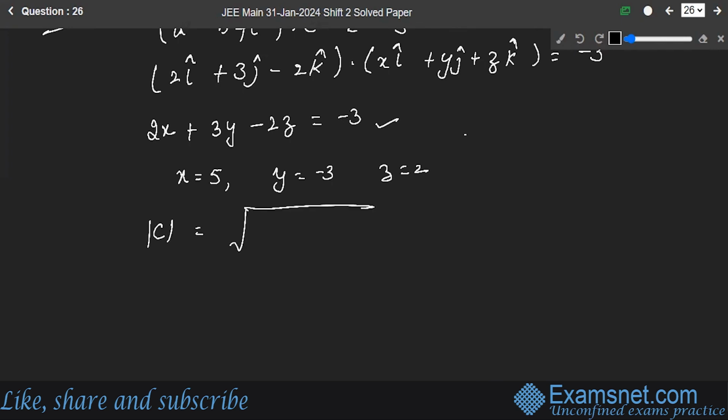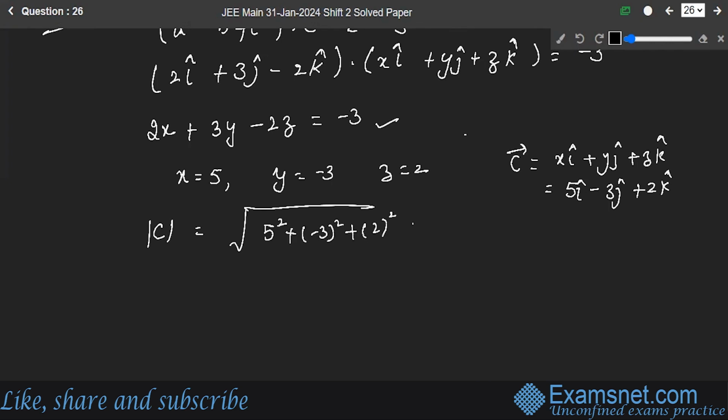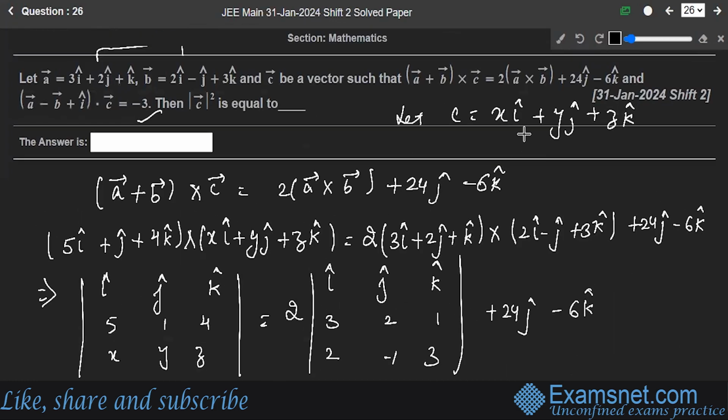C vector came out to be xi, yj, and zk, which is 5i minus 3j plus 2k. So this will be 5 squared plus minus 3 squared plus 2 squared, which will give you root of 38, and you have to find out the magnitude of this squared. That's equal to 38. So this is the answer to the question: 38.